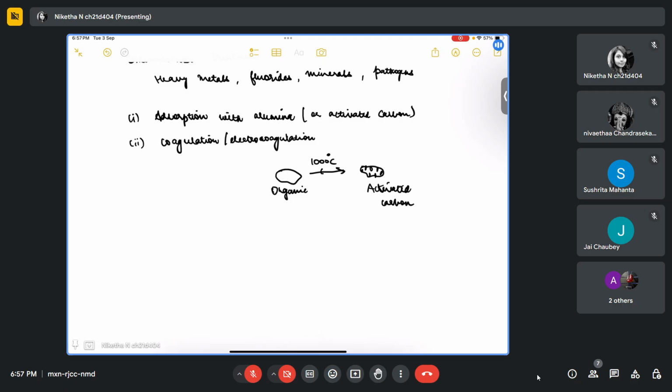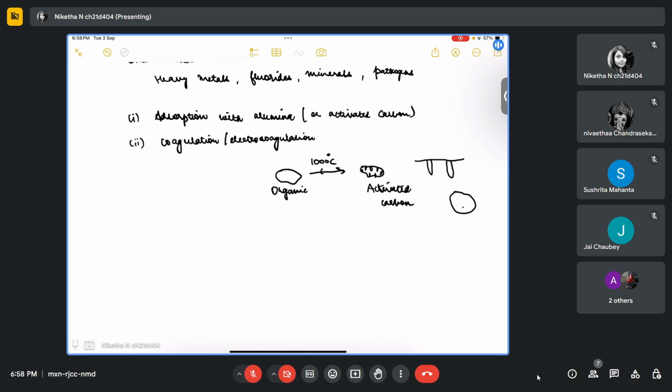Activated carbon especially is known for its pores on the surface. Compared to regular carbon, it will have more pores, and that's why the surface area of activated carbon will be higher. When you have something which is totally poreless, the surface area is only whatever shape that particle has.